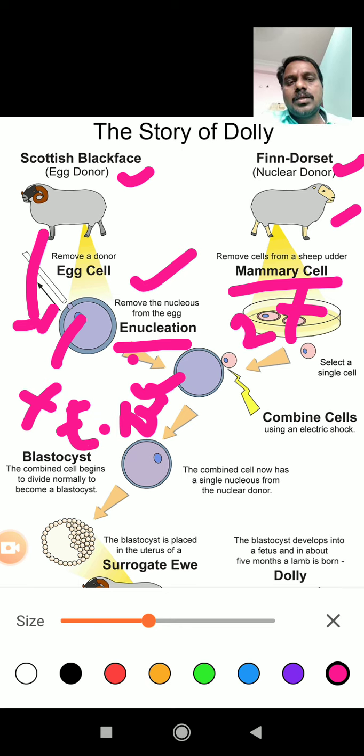The mammary cell and the enucleated cell are fused using an electric shock.